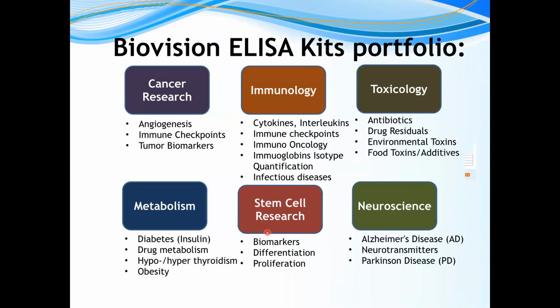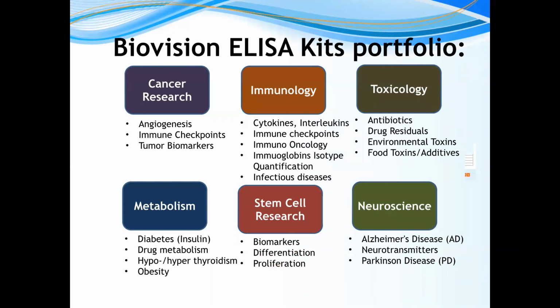Another very popular category that we offer for ELISA kits is stem cell research that includes another hot topic of biomarkers, ELISA kits for biomarkers. I will describe it briefly. It also includes the ELISA kits for differentiation and proliferation.